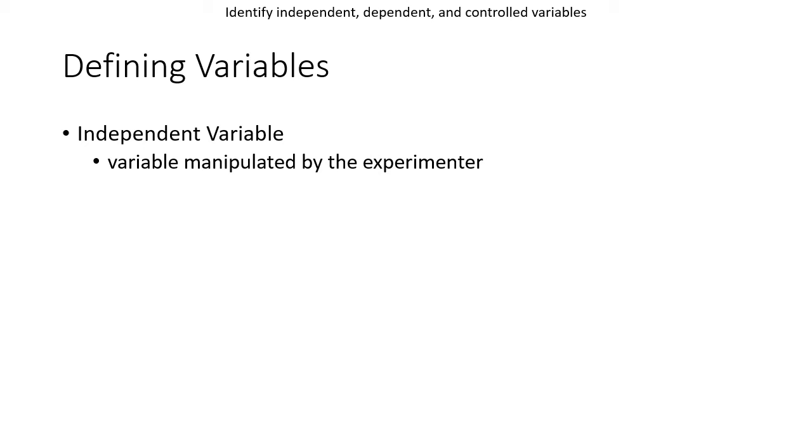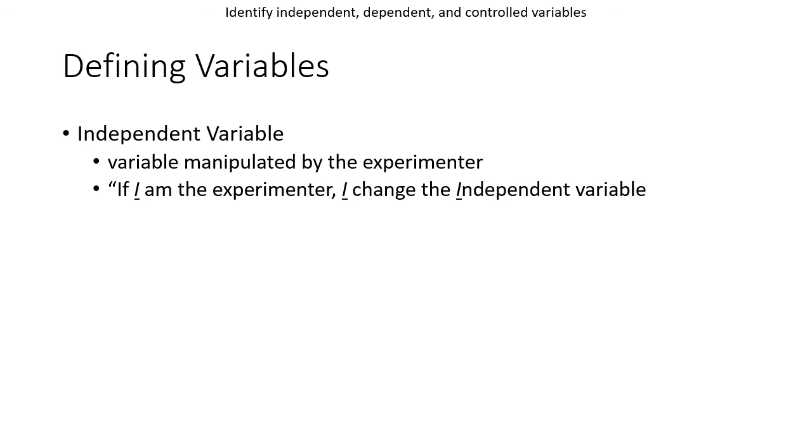So from this, we can develop a couple of definitions for some variables. An independent variable in an experiment is the variable that gets manipulated by the experimenter. So if you're the one doing the experiment, you choose what it's going to be. Here's how I always remember that.